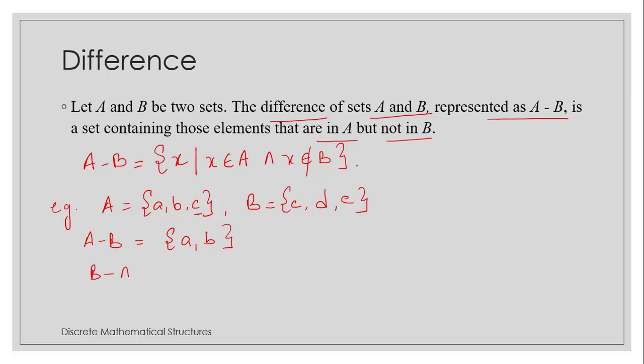If we want to find B minus A, that will be equal to {D, E}, all the elements present in B but not in A. So from here you can see that A minus B is not equal to B minus A.